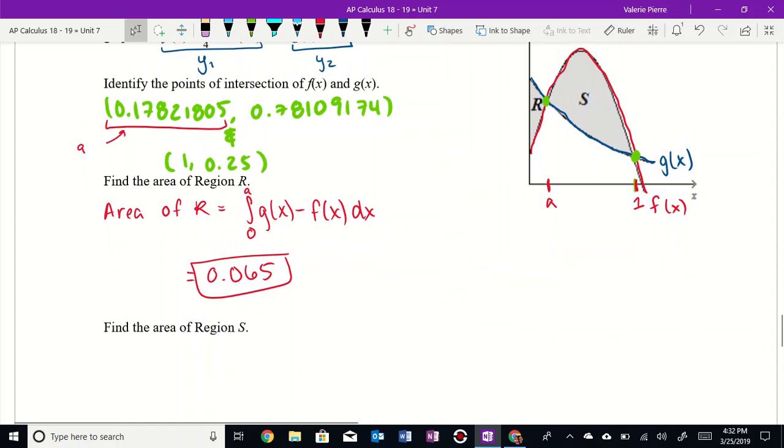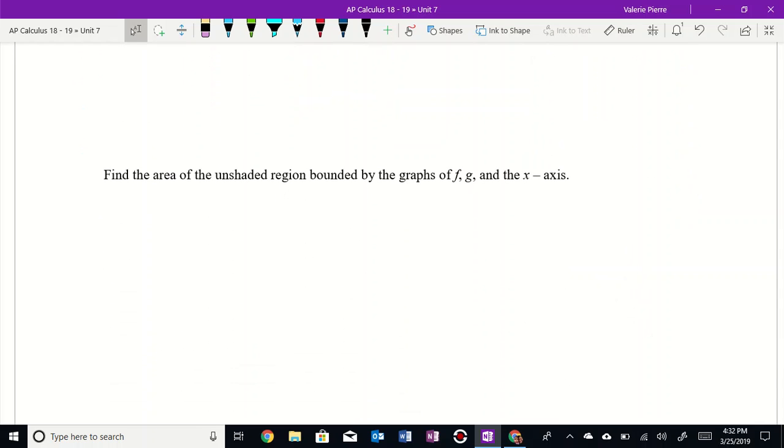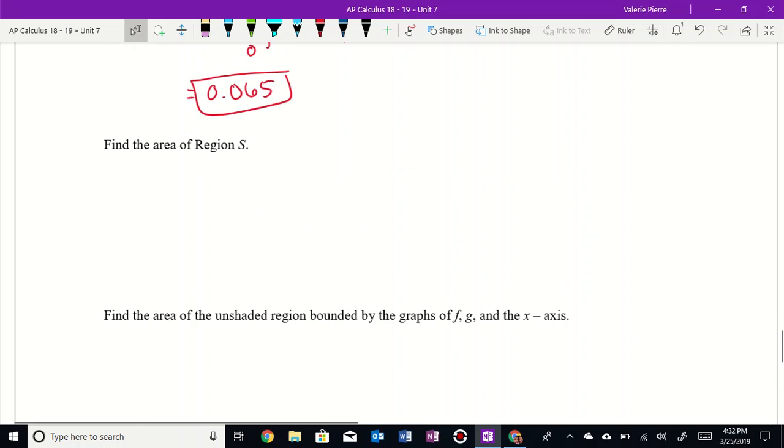Okay, so I want you to take that information and now find the area of the region S. Okay, so for this final question, we want to find the area of the unshaded region bounded by the graphs f of x, g of x, and the x-axis.